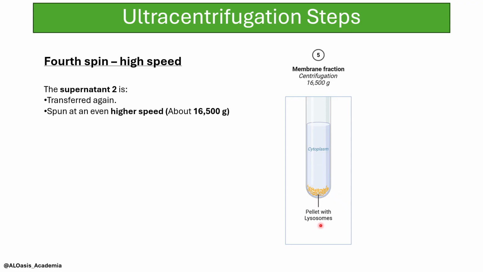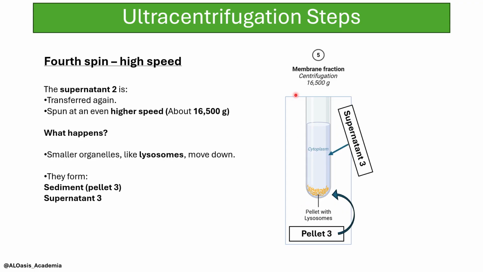That's why it's important to spin at this speed, because the lysosomes are small organelles, so they need a really high spinning speed to get enough centrifugal force to pellet them. And this will form pellet 3 and supernatant 3.